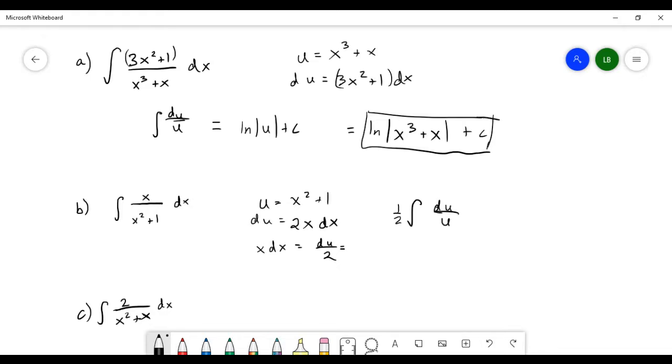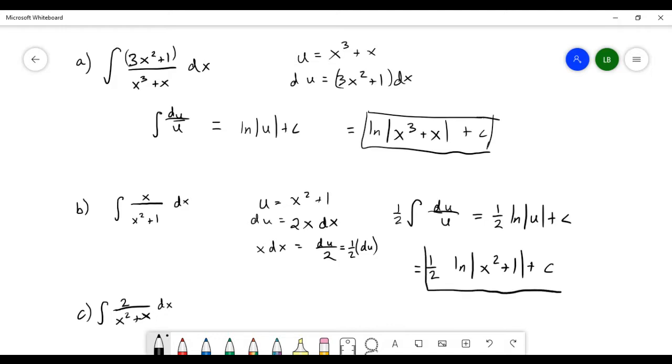All I did is say that du divided by 2 was 1/2 du, and pulled my 1/2 out front as a coefficient. Of course, the integral of du over u is natural log. We keep our 1/2 as a coefficient, and then we just substitute u back in. 1/2 times the natural log of x squared plus 1 plus c. That's our answer.